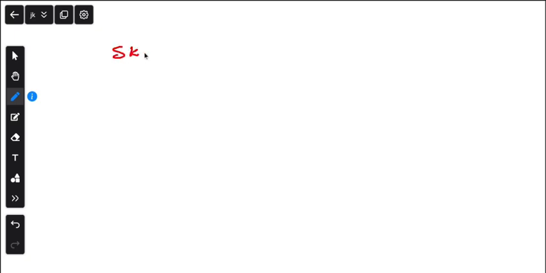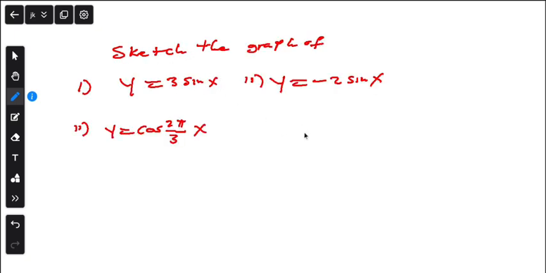You are required to sketch. The first thing here, I'm going to find the amplitude. So amplitude is equal to the modulus of A. I can put the 3 there in the modulus, and then I'm going to get 3. This is my amplitude. Amplitude has to be on the y-axis, and period has to be on the x-axis.